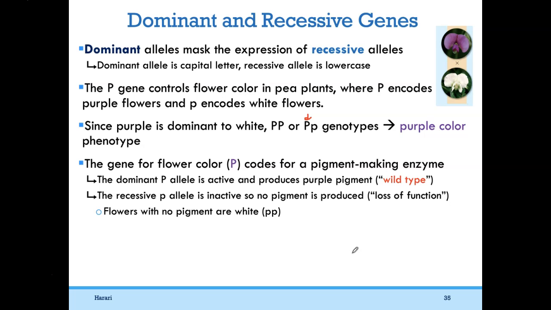I hope that makes sense so far. So little p means there's no functional copy of the enzyme that makes the purple pigment, so it was just white because it had no pigment at all.